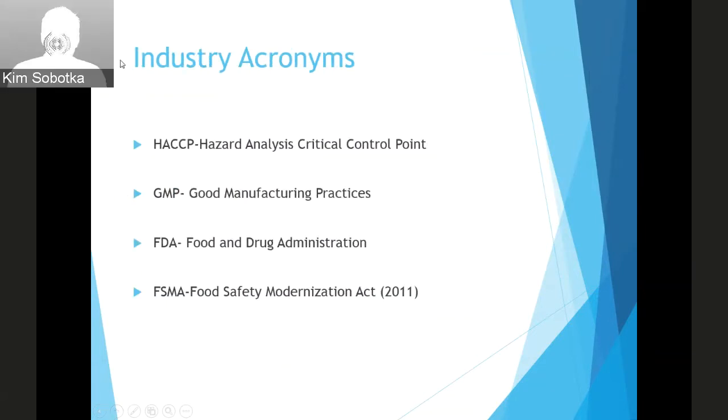So let's start with industry acronyms. I haven't gone through these in any type of order, but I just listed the ones that are most commonly used in the food industry. The first one is HACCP. Some people chop that and don't say it correctly, but it's Hazard Analysis Critical Control Point.